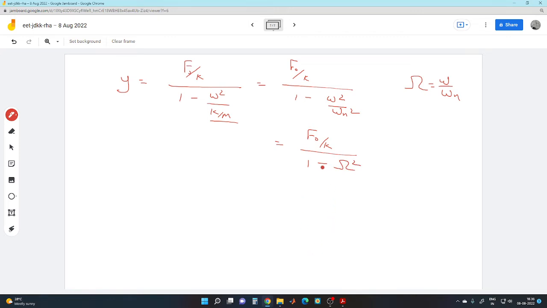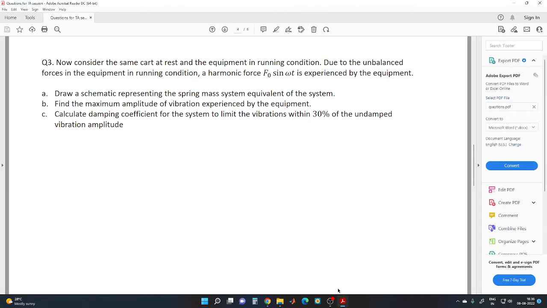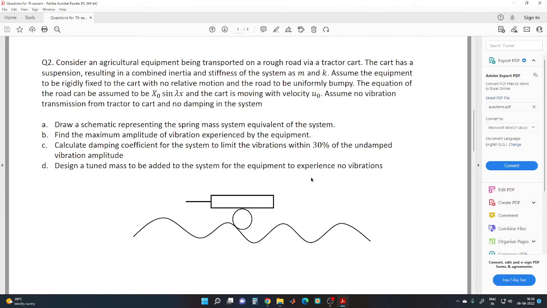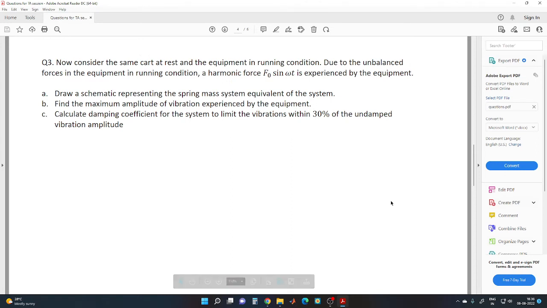If you see this, this is almost the similar expression obtained in the previous B part. And using this, the third part, which is reducing vibration amplitude up to 30% value, will be identical to the previous part.